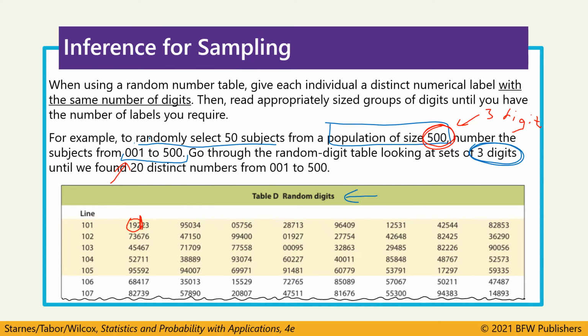Okay, we'd go to 192, we'd ask them that question, then we'd go to 239 as the next one. And then 503, this one we're going to throw out because it's not in the range, it's outside of 500. And then we just keep going through, okay, throw out any that are outside 001 to 500, and we would throw out any numbers that happen to repeat.